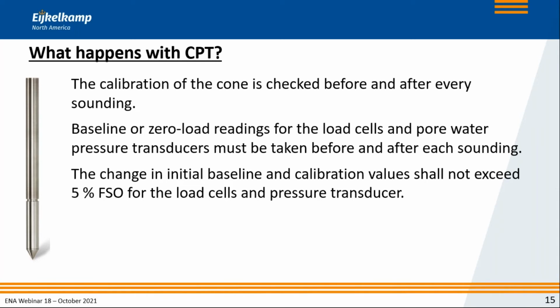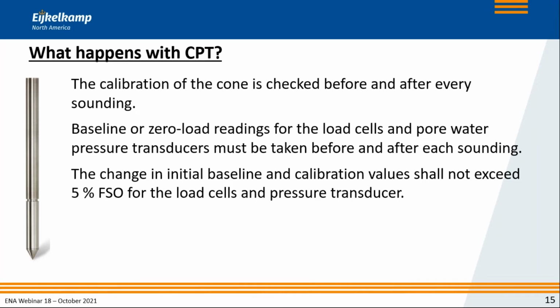Before we start pushing the cone, we make sure that those zero readings are within 5% of the full scale output from what the calibrated values are. So we allow some drifting, some changes, but they are very limited, to 5%.